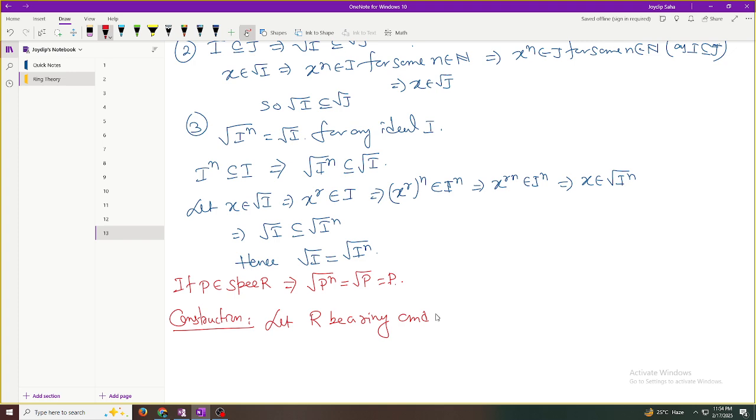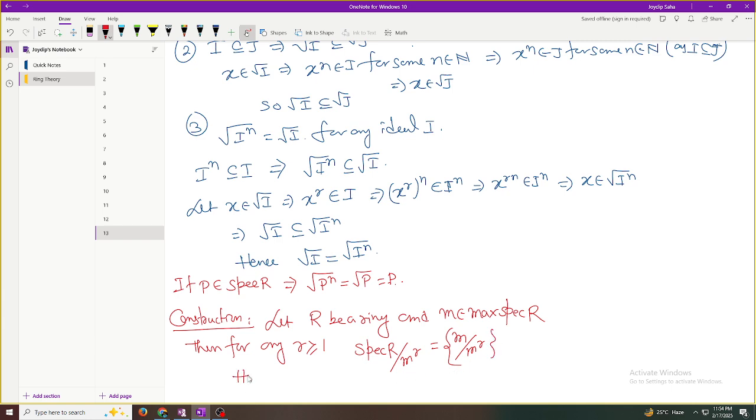In my setup, let M belong to max spec R. Then for any r greater than or equal to 1, spec of R mod M to the power r is M mod M to the power r.